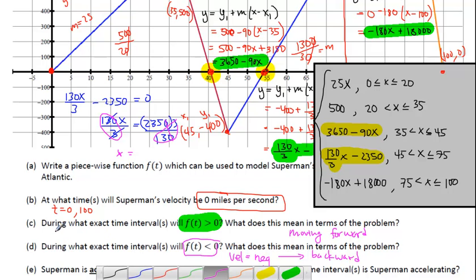So greater than 0, starting at 0, going up to, I think we said it was about 40.5-ish. That's what that looks like. And then the other one was not exactly sure, but it starts here and goes to 100.